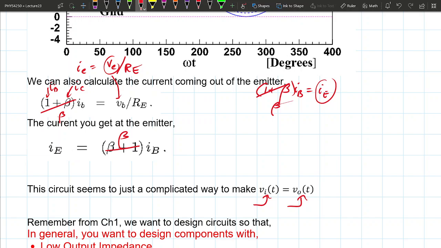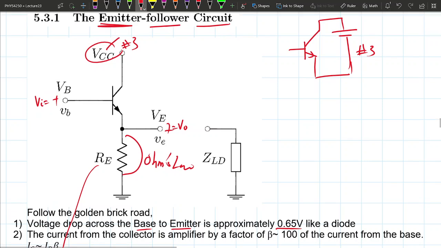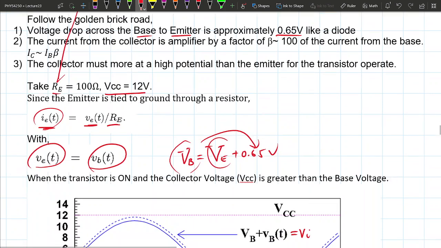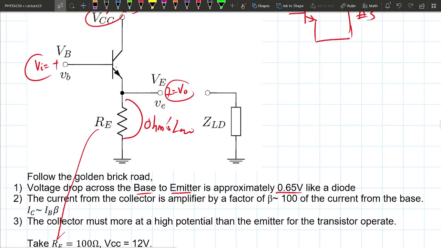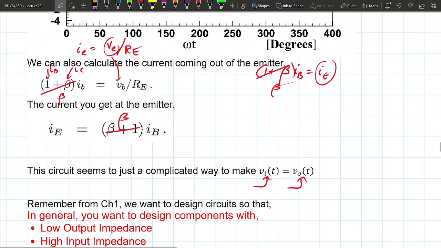In order to get input equals output, you put a transistor and a resistor in there, and you have to put a voltage supply in there too. So this seems like a pretty useless circuit, because you could have just looked at the input and not bothered with all this transistor stuff. There is a use for this circuit.